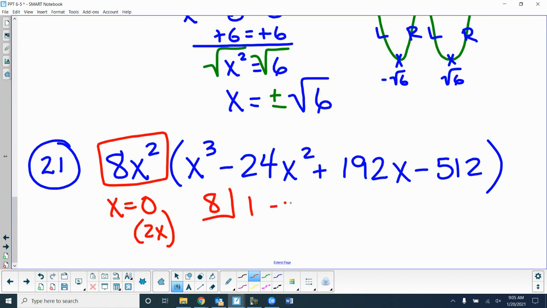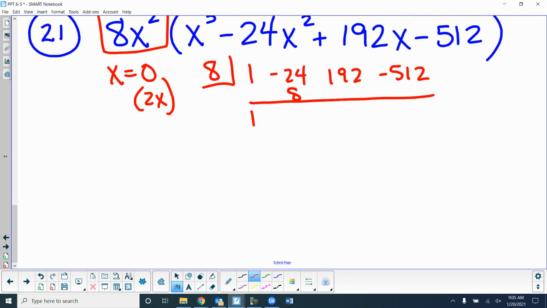Put a 1, a negative 24, a 192, and a negative 512. I get 8, and what's that? 16? And what's 8 times negative 16? 48, 128, which is 4 and 6. And 8 times 64 is 512, right? How do I get so smart?